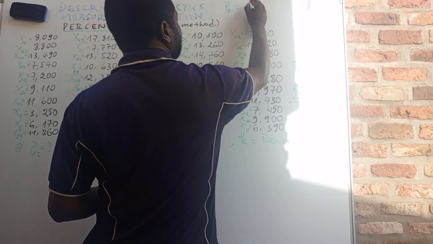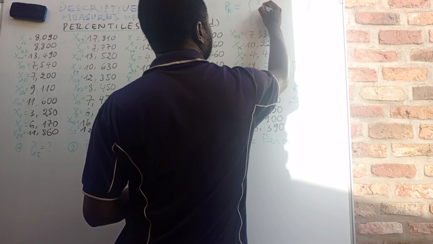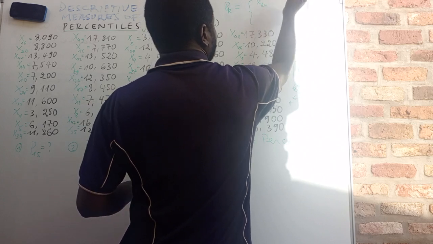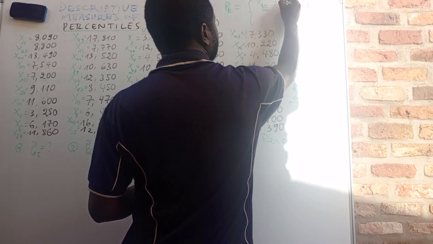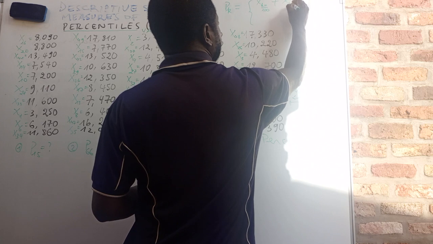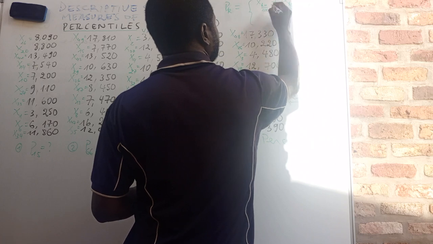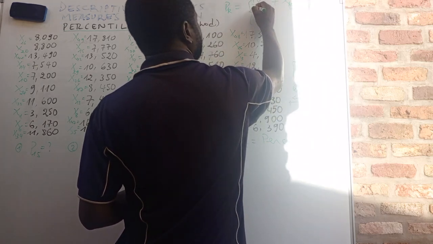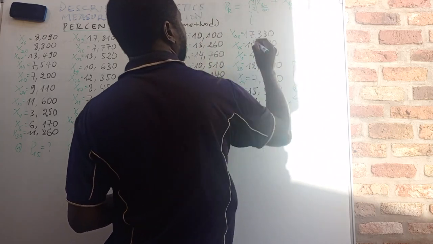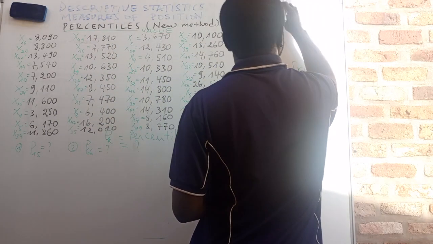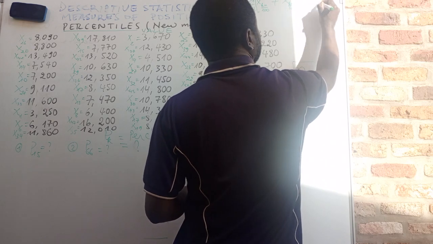we have two possibilities. We have x sub kn over 100 plus x sub kn over 100 plus 1, and then we divide all of this by 2. That is in case the quotient of the division has remainder equal to 0.